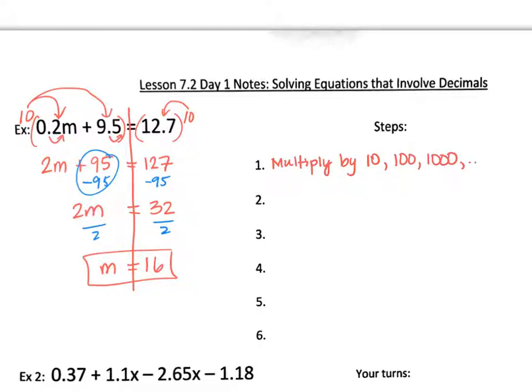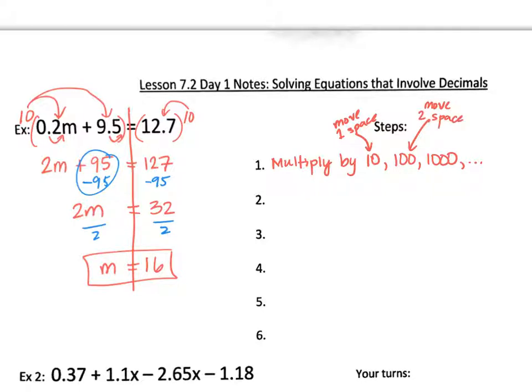We call these powers of 10. Multiplying everything by 10 is going to move it over one decimal place, or you can think place value. Multiplying by 100 with everything is going to move it 2 spaces, and so on.